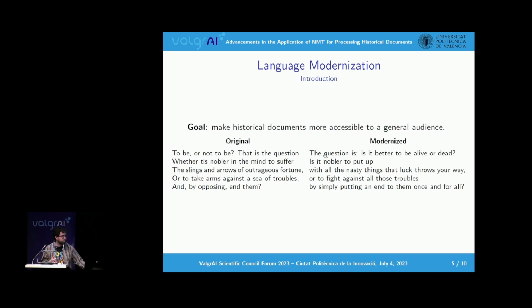If we have a document written in Old English, we want to generate an automatic version of the same document written in modern English. Of course, some of the richness of the language will be lost, but our goal is only to help people better understand the content.